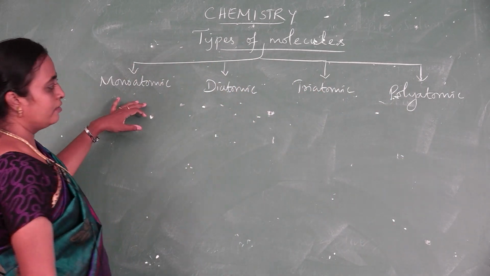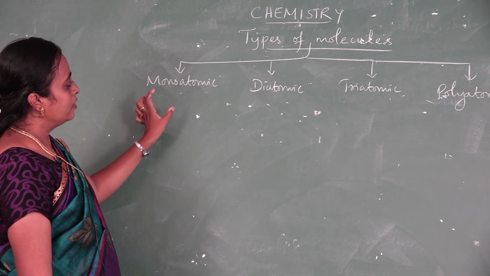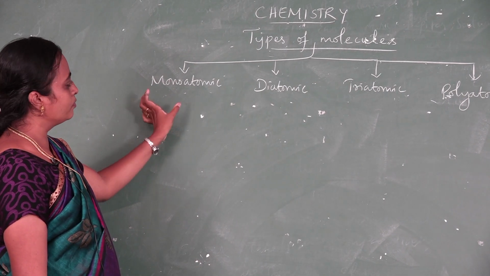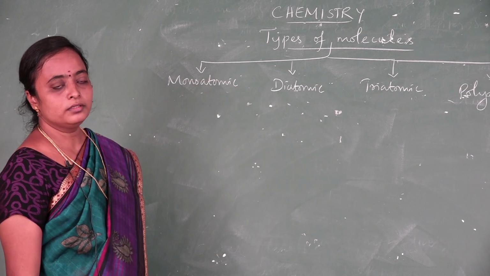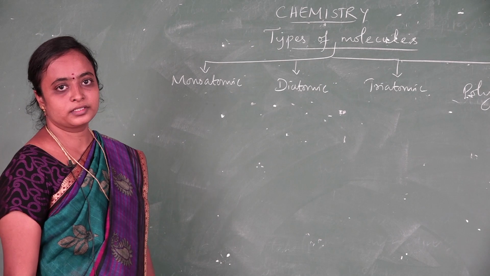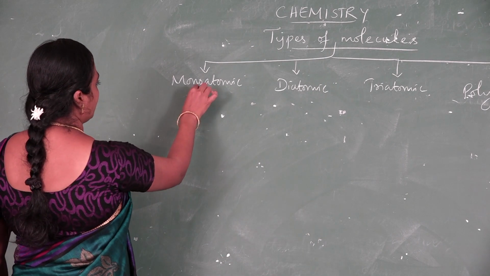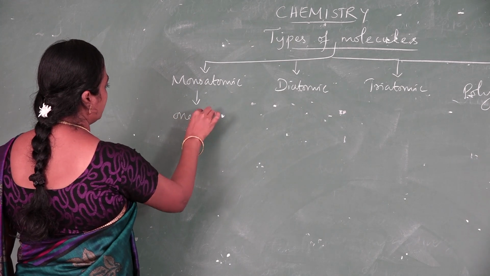So the name itself will have a clue, that is mono means only one. So if I am taking a monoatomic molecule, it is made up of only one atom present. So it contains one atom.